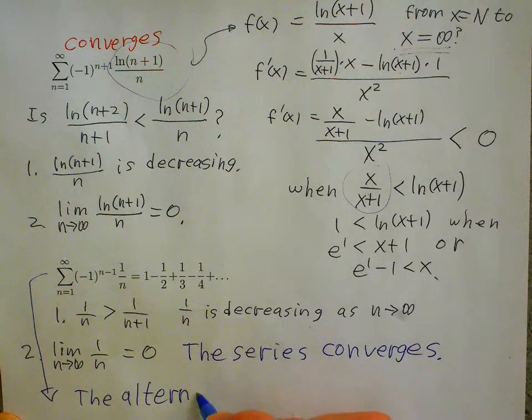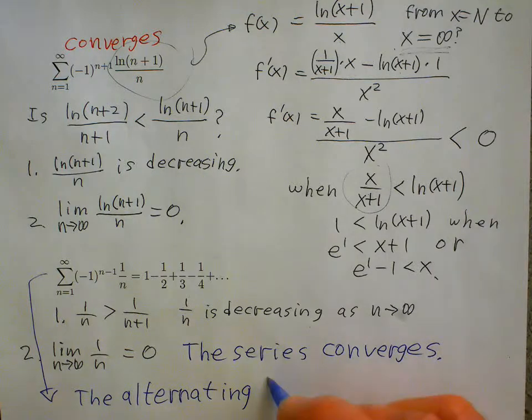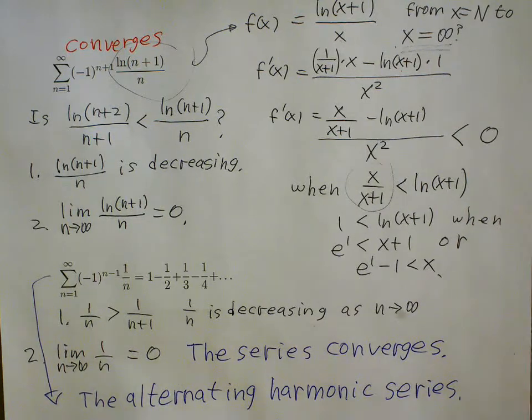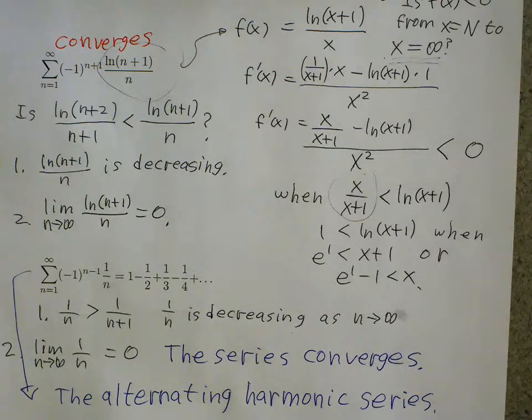The harmonic series is a famous one, and the alternating one is sort of famous. This one, the alternating harmonic series, converges to a famous number. So keep that in mind and see if you can figure it out. If not, I'll tell you at some point.